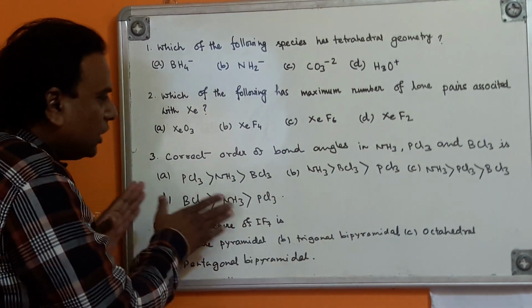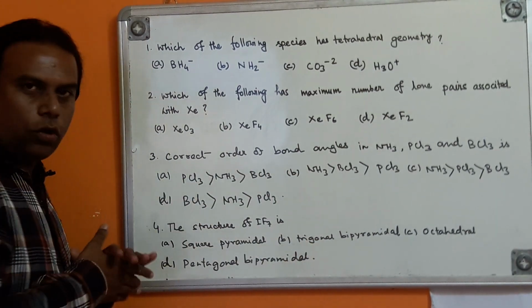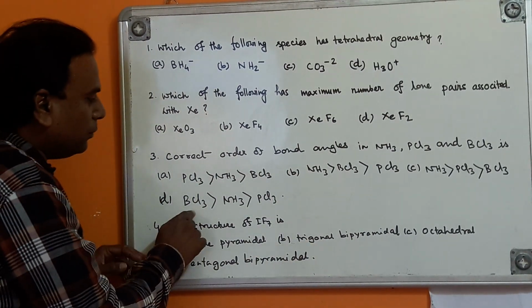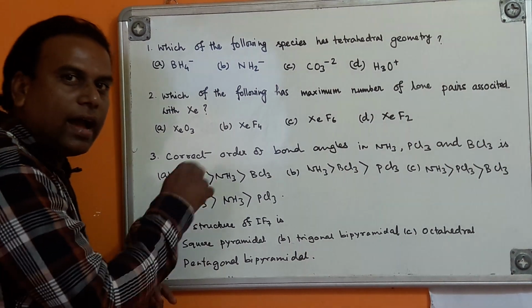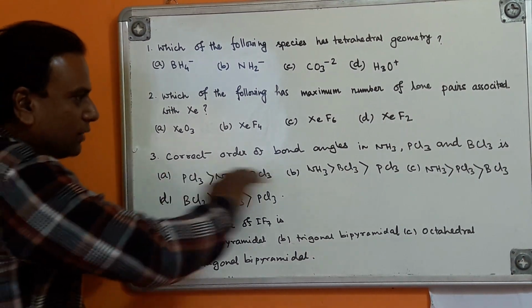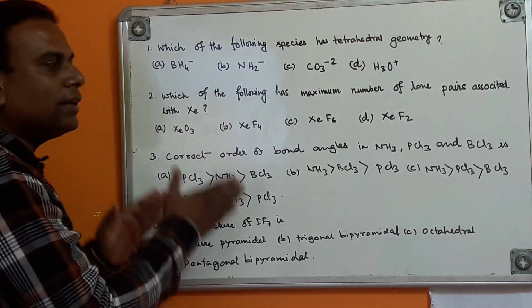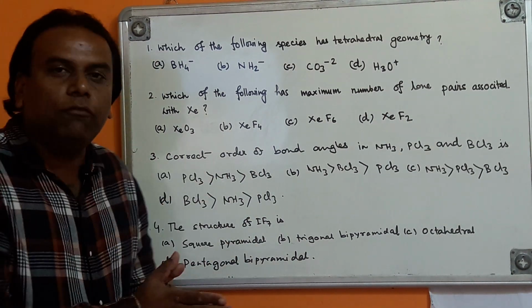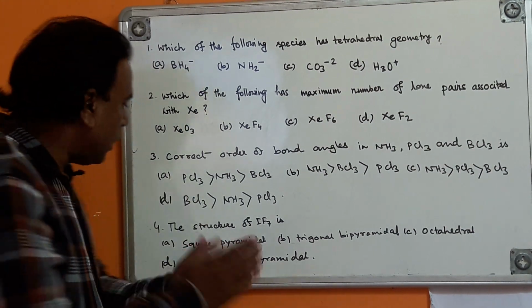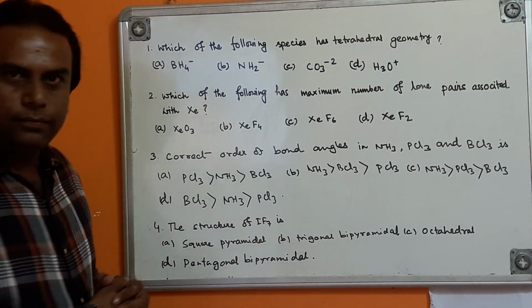So out of the 4 options, only in one option is BCl3 in the highest position. In the other options BCl3 is not in the highest position, but BCl3 should have the higher bond angle. So option D is our right answer.